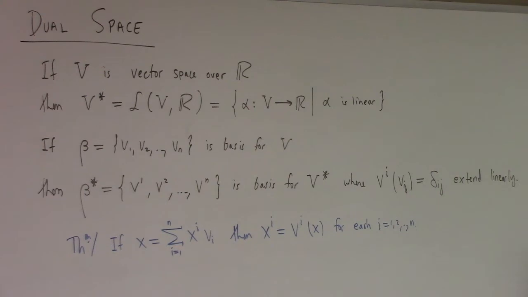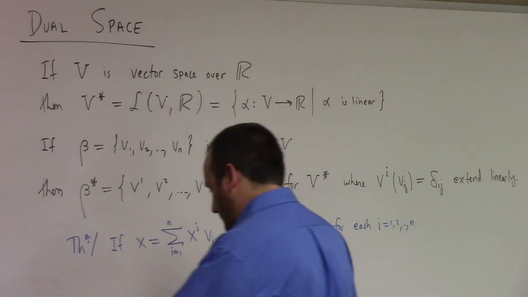This is one of the fundamental theorems about the dual basis: we can use the dual basis to pick off components of vectors, all right? So how do we prove this?